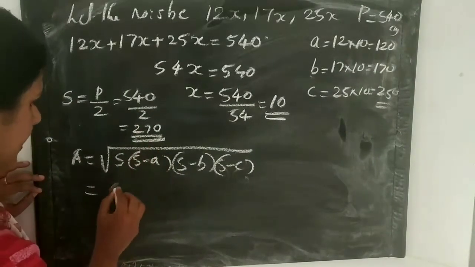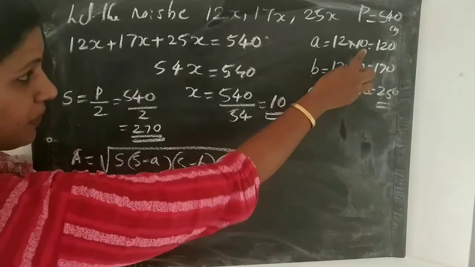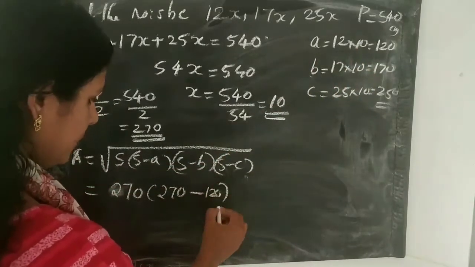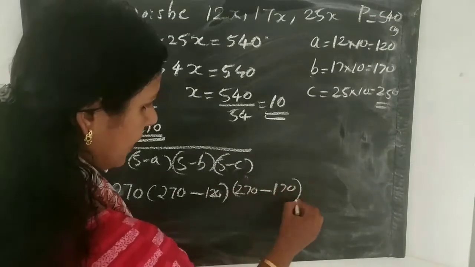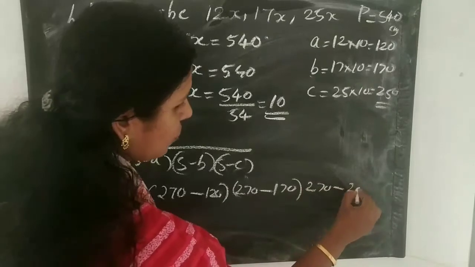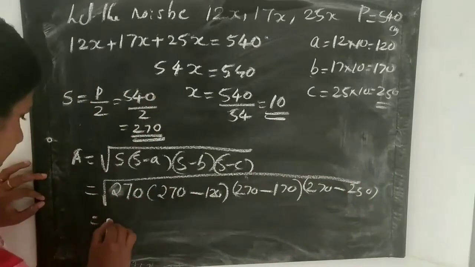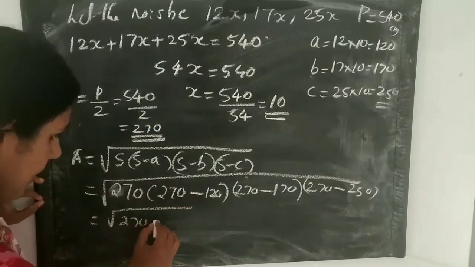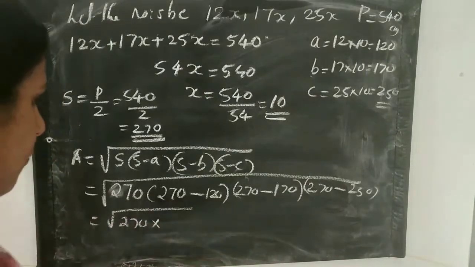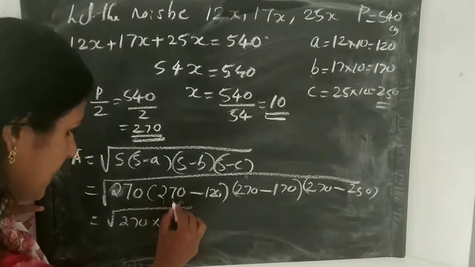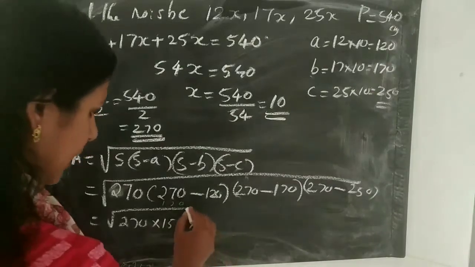This is 270 into 270 minus 120. Then 270 minus 170. Then 270 minus 250. The next is 270 into 270 minus 120, which is 150.